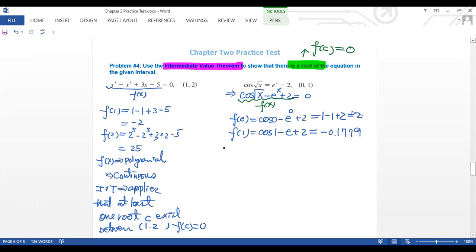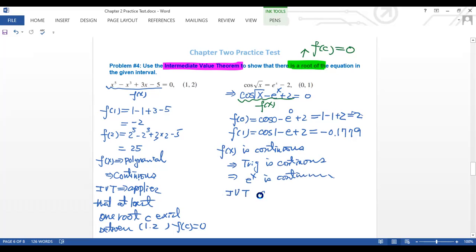Is f of x continuous? Yes. Why? Because this is a combination of several continuous functions. The trig function is continuous, and we know the exponential is continuous. So when you combine them, it is continuous. So I know the intermediate value theorem applies.